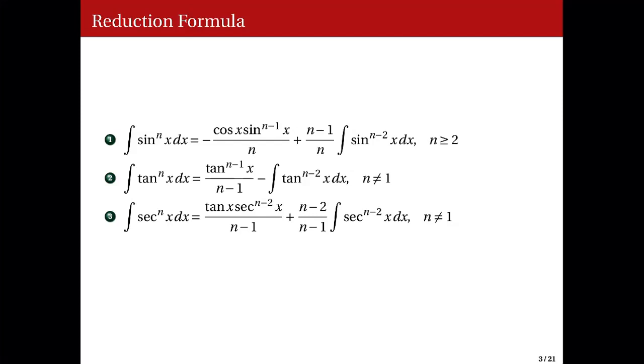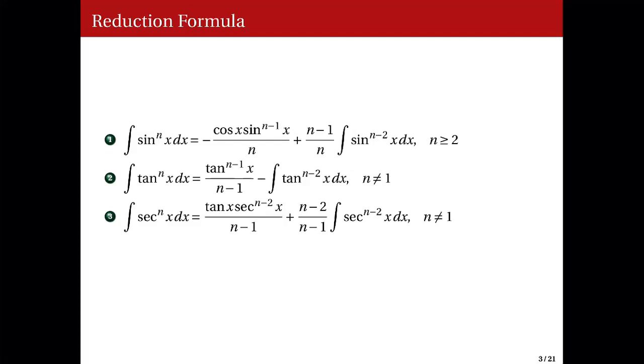Again, your n here should not be equal to 1, and the reason it's restricted that way is because you have this n minus 1 in the denominator. For this, I will leave it here as an exercise. I want you to prove this formula.